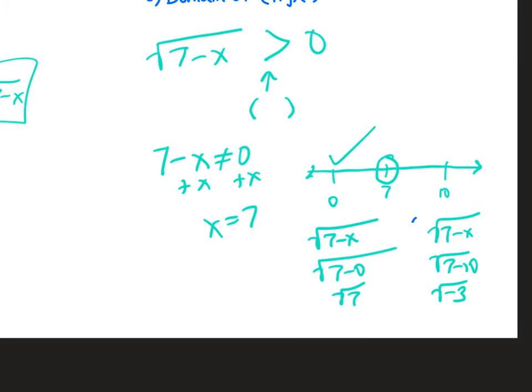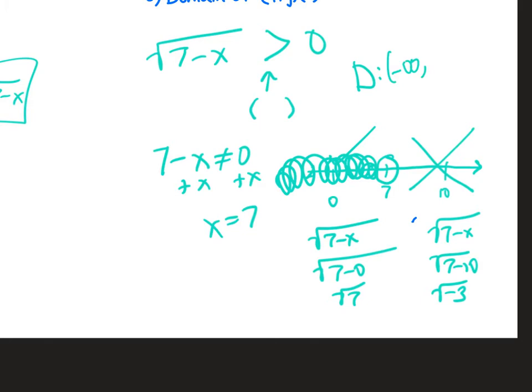Well, the square root of negative 3 will not give me a real number. It'll give me an imaginary one, so that part doesn't work. So all of these numbers, from negative infinity all the way up to 7, will satisfy this function. So my domain is negative infinity to 7, with a parenthesis. It does not include 7.